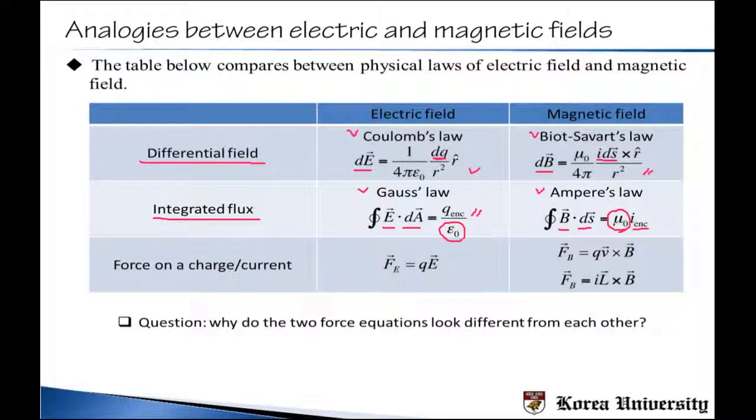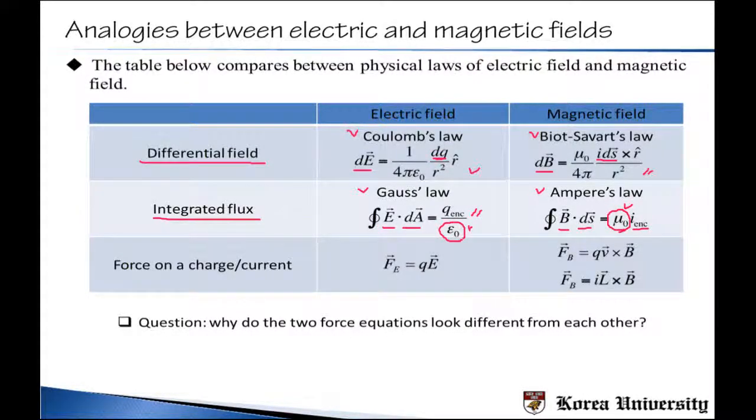I think in one of the slides, I mixed up the permittivity constant and the permeability constant. It's very confusing, right? But let me make a correction: for the magnetic field, it is the permeability constant, and for the electric field, it is the permittivity constant. I'm sorry for the confusion, but I just made a correction here.